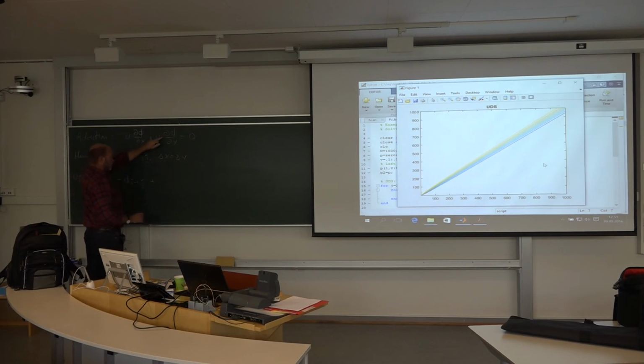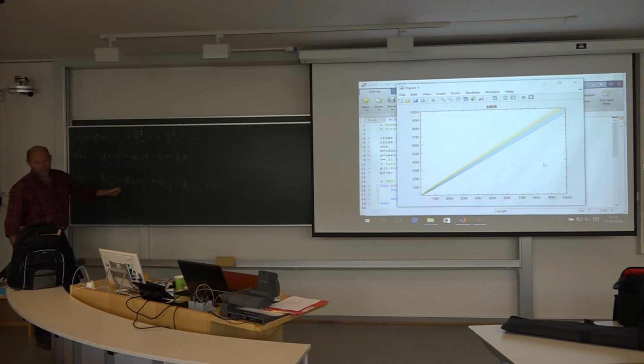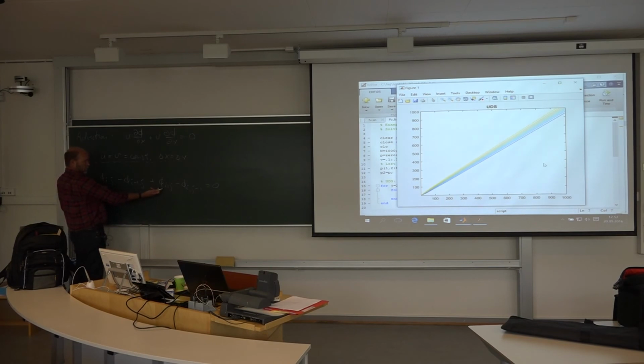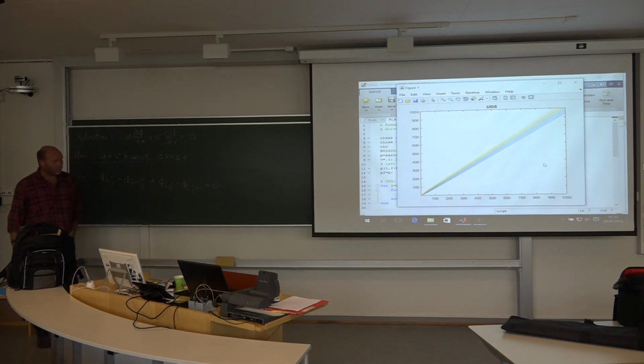And now here, upwind in the y direction must be phi i,j minus phi i,j minus 1 equal to 0. So this is actually the scheme that we have here. And when I program it, I just keep these two and say phi i,j equals this, and then it's fairly easy to have a forward loop solving this algebraic equation system.